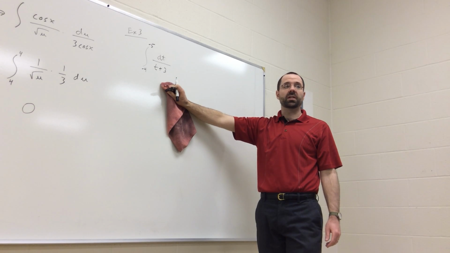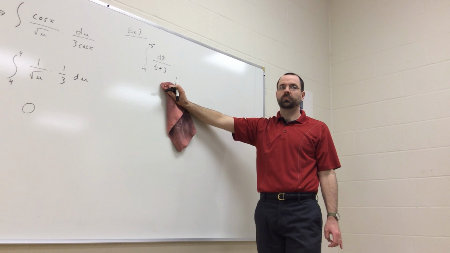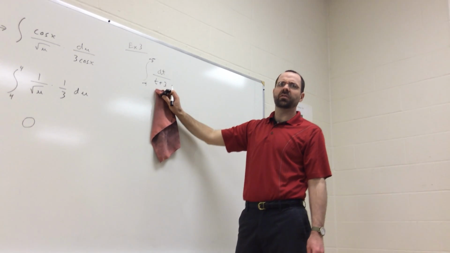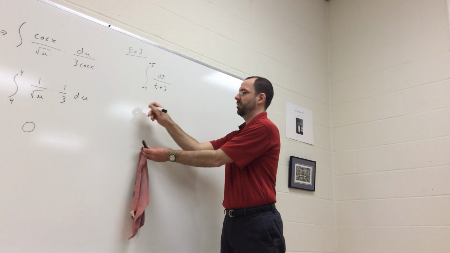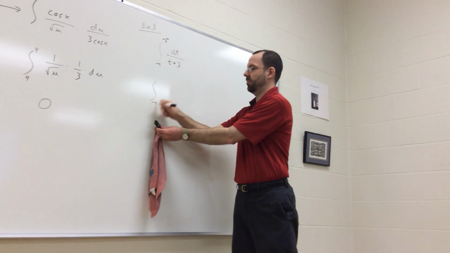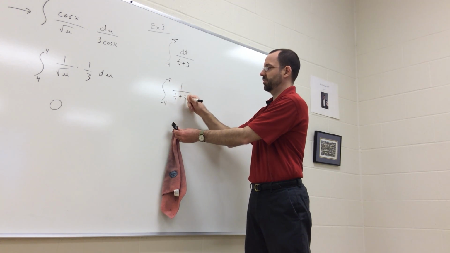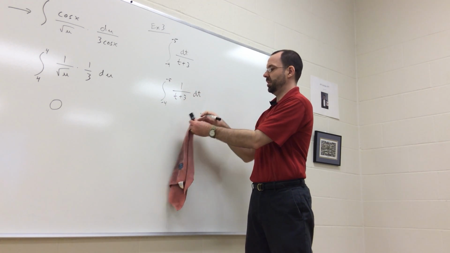Okay, let's say we were going negative 4 to negative 5 underneath this function. First of all, the way this is written throws people off sometimes, so I'm going to rewrite it. Negative 4 to negative 5 of 1 over t plus 3 dt.